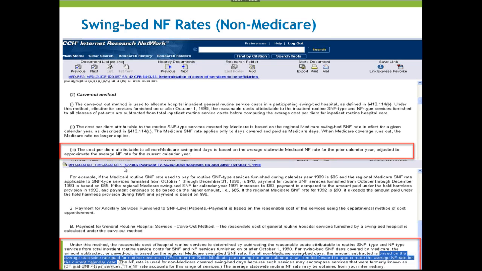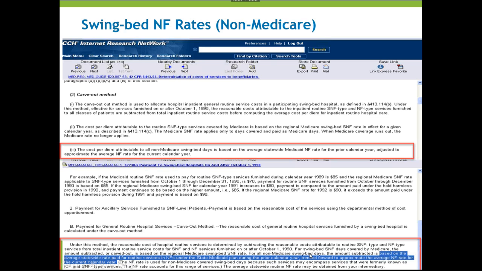This is found at CMS Pub 15-1, Section 2230.5, and it talks about payment to swing bed hospitals. So it says something very similar, but actually in a little more detail.